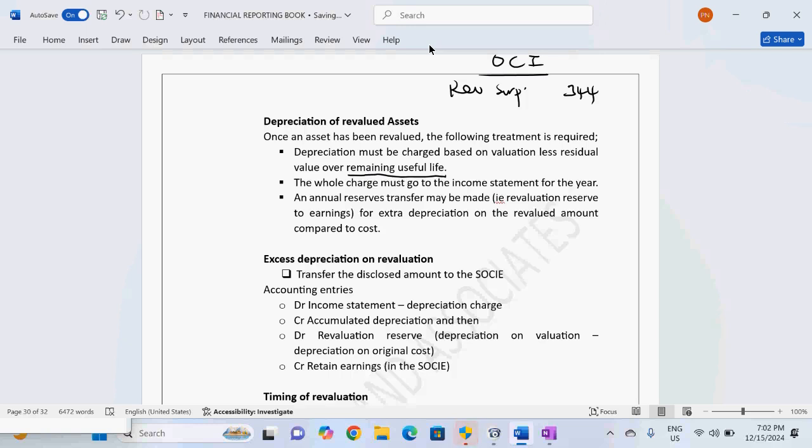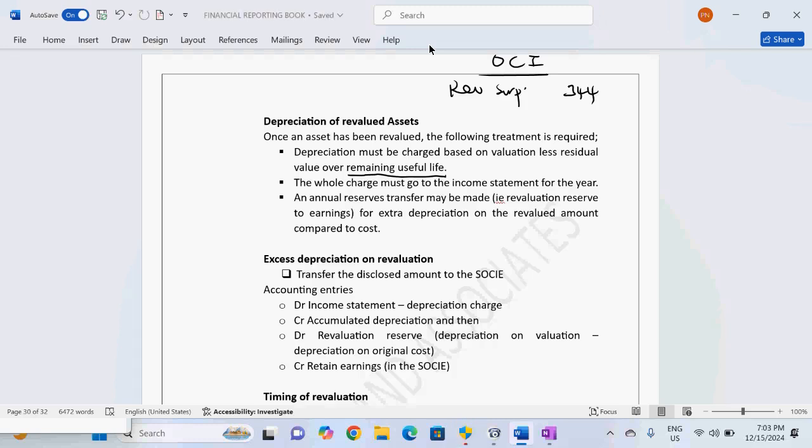Annual reserve transfer may be made, revaluation reserve to earnings, for extra depreciation on the revalued amount compared to what cost. So sometimes you have to transfer the revaluation to the equity, to the statement of changes in equity. When we get to that place, I will talk about that.